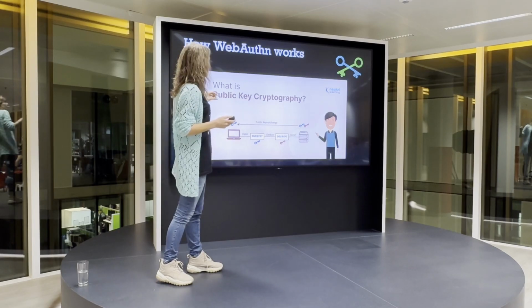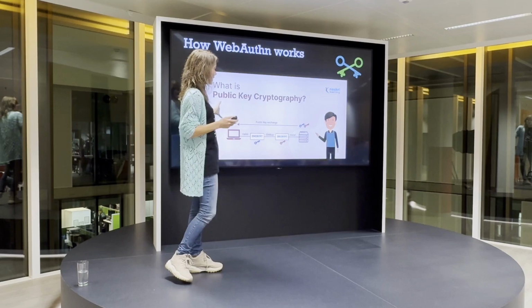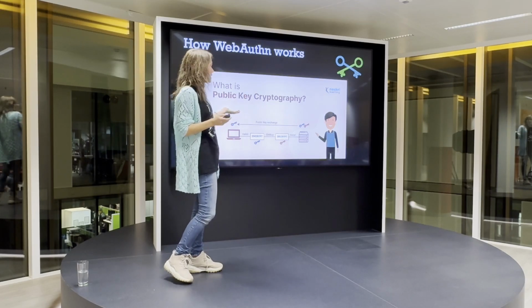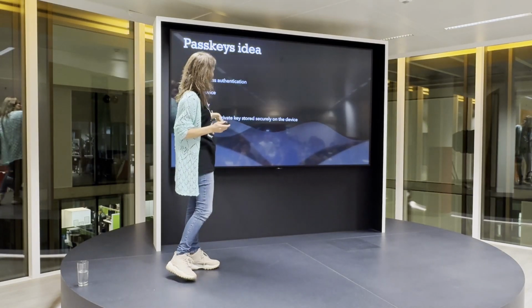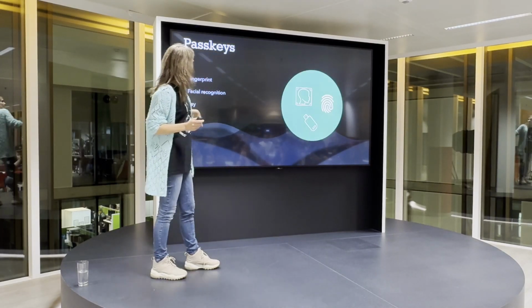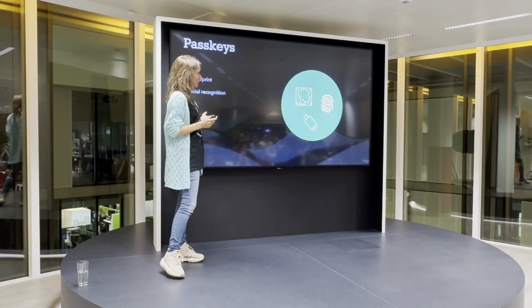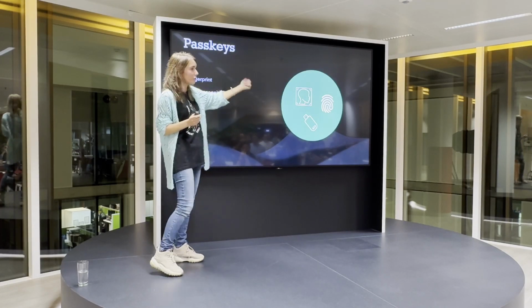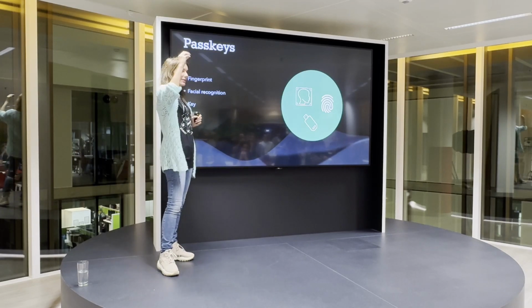Also, behind this public and private key, what exactly are these keys? As a private key, we can actually use your biometric information, for example your Face ID, your fingerprint, or a key.